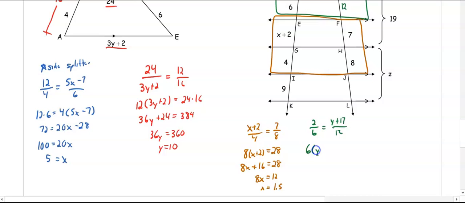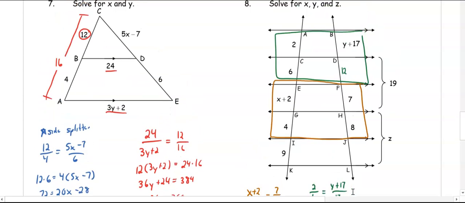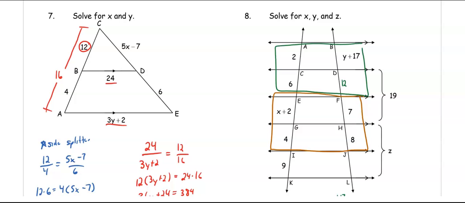When we cross multiply, 6 times 6y plus 17 is equal to 2 times 12. 6y plus 102 is equal to 24. So we can subtract 102 from 24, and we get 6y is equal to negative 78. When we divide by 6, y is negative 13, which is okay because that would make that a positive length.